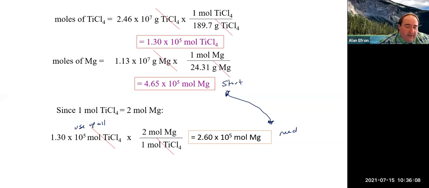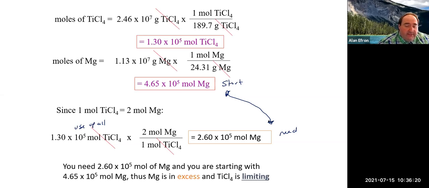And upon comparison, we see that we started with 4.65 times 10 to the 5th moles of magnesium. We only need 2.6 times 10 to the 5 moles of magnesium. So what that tells us is, since we have enough magnesium, that is our excess reagent, and by default, the TiCl4 is our limiting, which is exactly what we figured out with our ICE table.